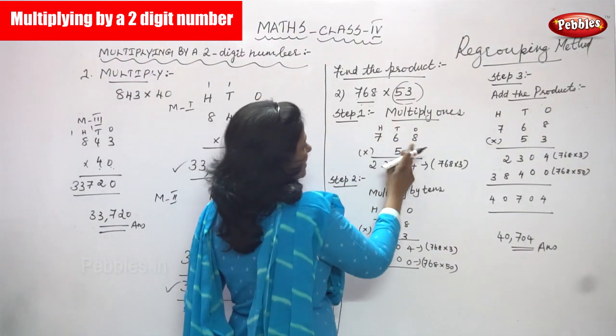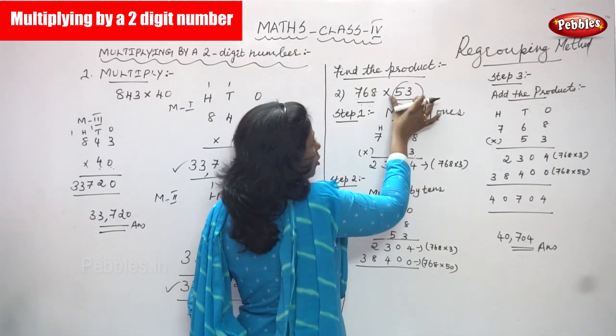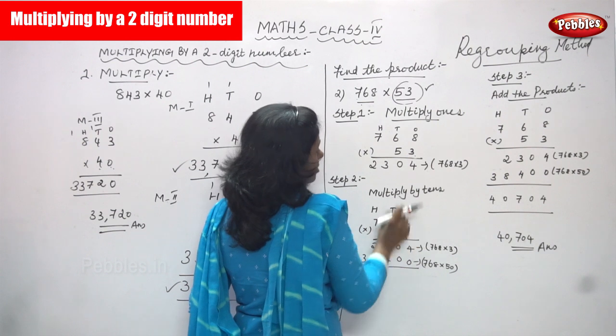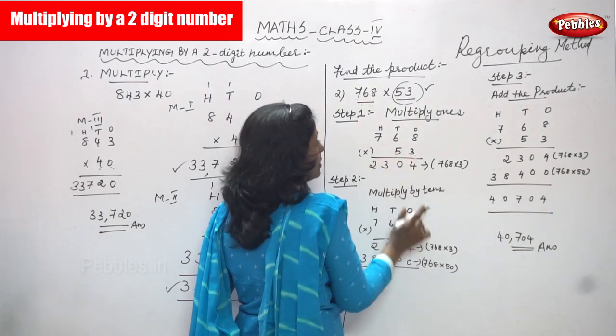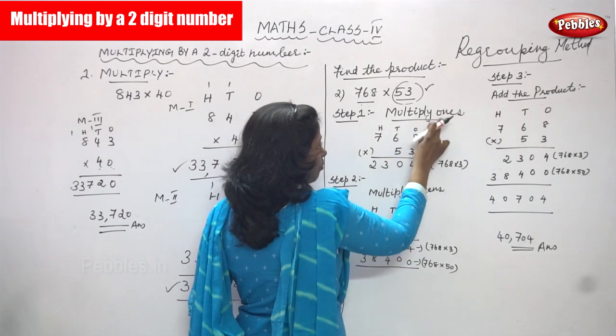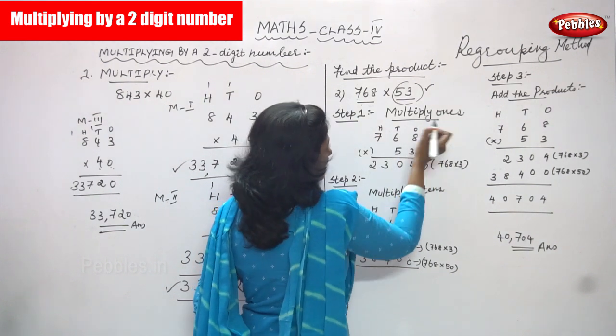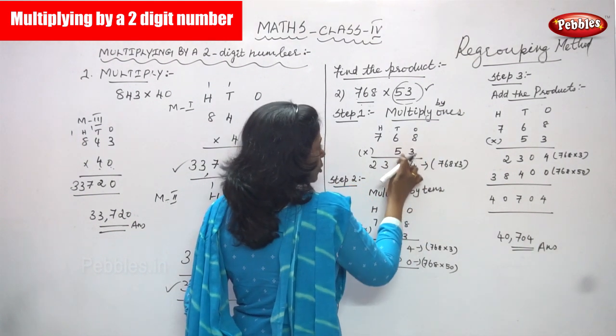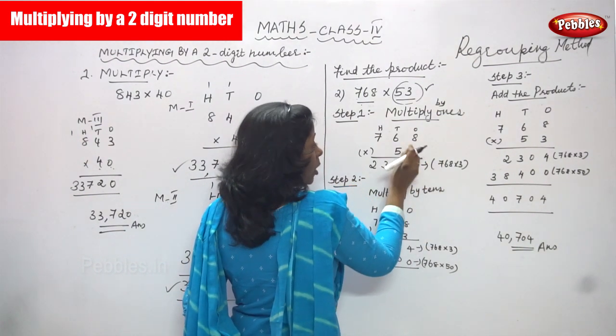So 768 into 53, I'm focusing only on the 53. I've written 53 very clearly, with ones and tens. So first, step 1, multiply by the ones place value.